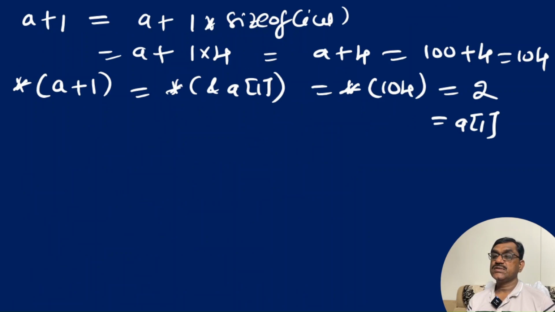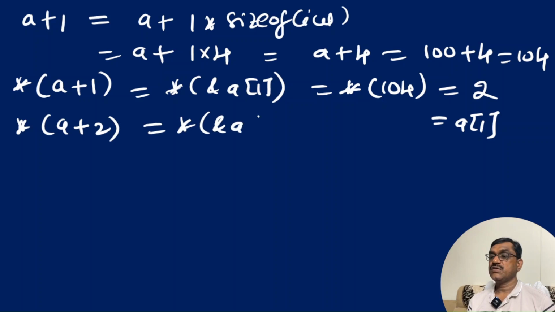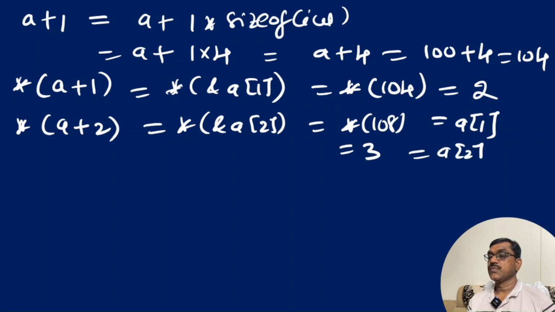Similarly, if you want to access the third element, then move to the next location. That means star of A plus 2 is equals to star of, we are writing ampersand of A of 2, that equals to star of 108. Here we are getting the value 3, that is A of 2. And so on.